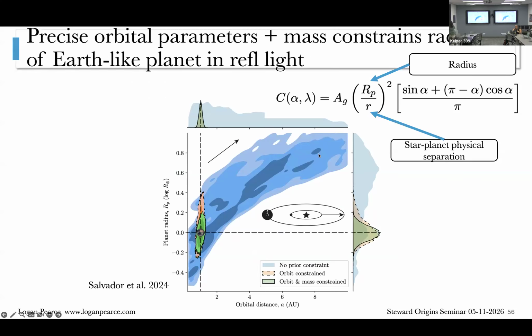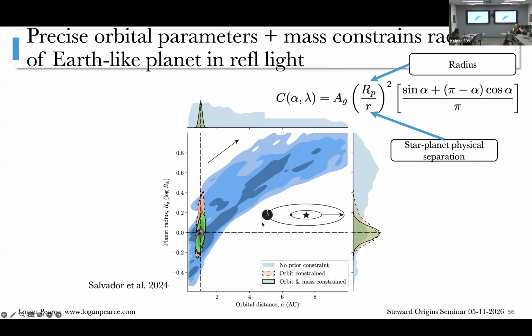There's a degeneracy between radius and separation. This is an equation for contrast, and it depends on the ratio between the planet radius and the separation. This is an illustration from Salvador 2024 showing distance and radius. If you don't have any other constraints, any detection that you make could be in this blue region here.